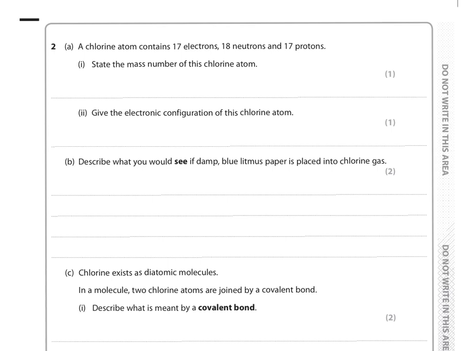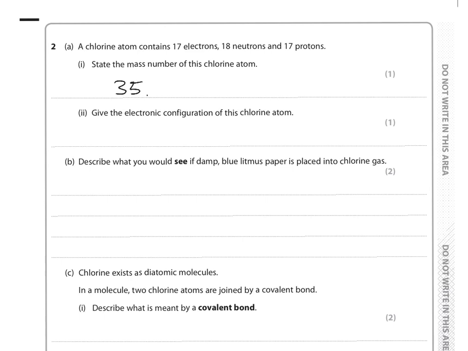Well, that's not the mass of this particular atom. The mass of this particular atom comes from its 18 neutrons and 17 protons. And if you add 18 and 17 together, you get the mass, because the mass comes from neutrons and protons only, and that number is 35. So the answer in here is 35.